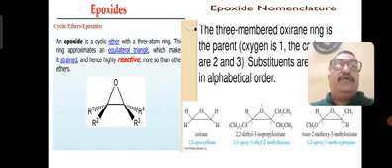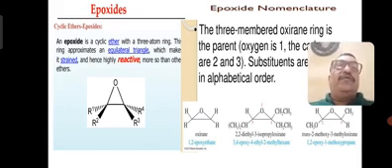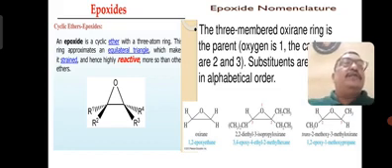For example, I have given R dash carbon and another R dash carbon, but oxygen is there in the ring system. So a cyclic compound containing hydrocarbon with oxygen in the ring system is called an epoxide.